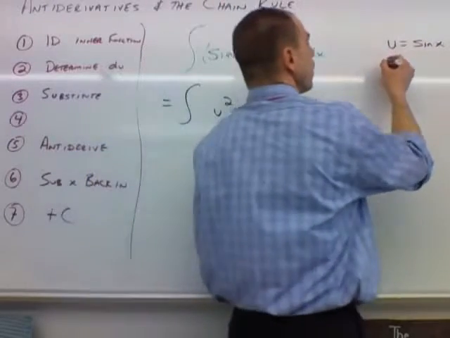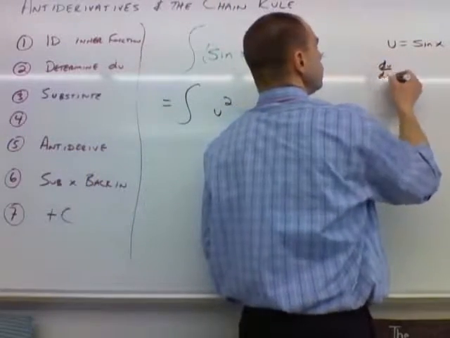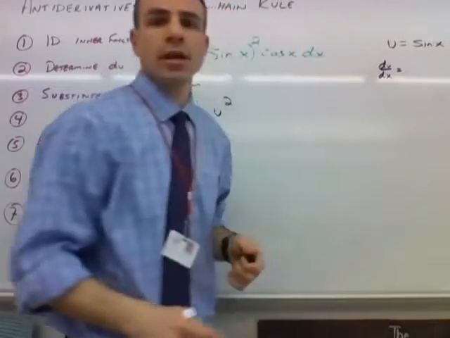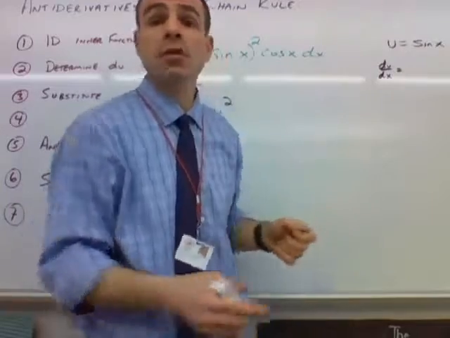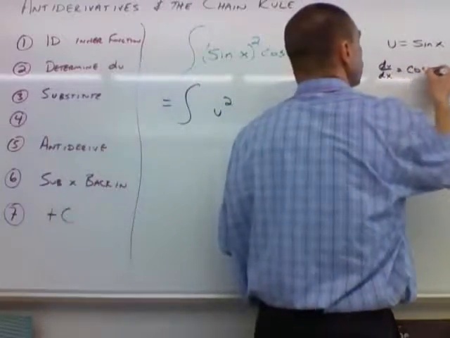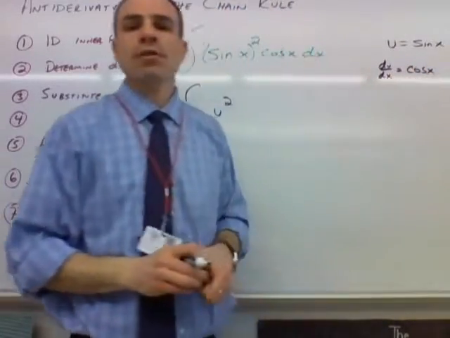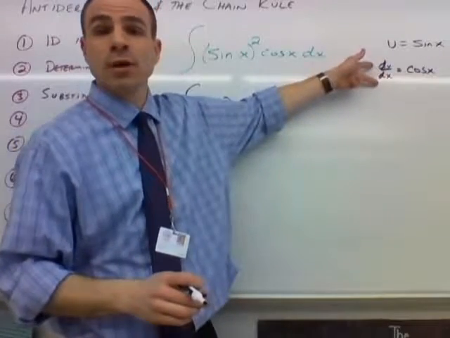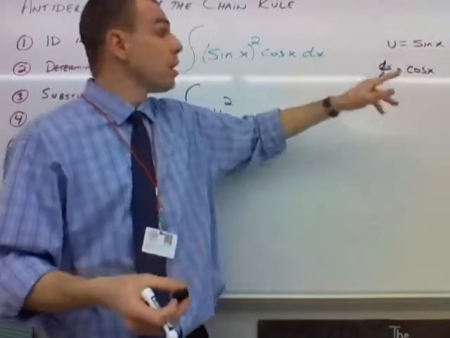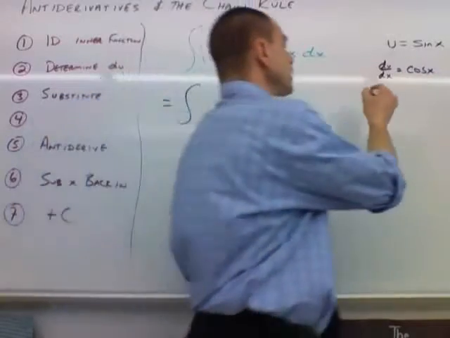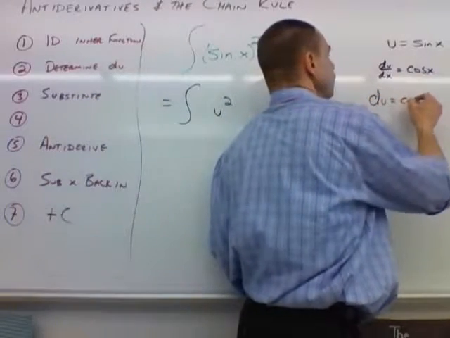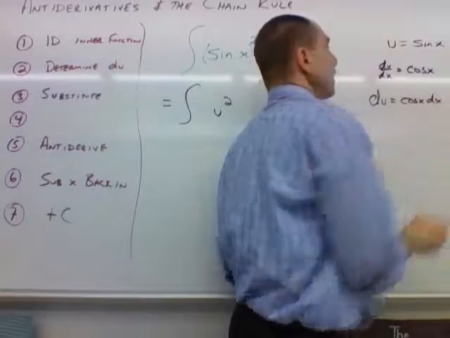When we do that, the derivative of u will be du dx. And what is the derivative of sine x? Yeah, it's cosine x. So we have cosine x right here. The problem is we still have u's and x's on the same side of the equation. So by multiplication, we're going to move this dx over to the other side. So du is equal to cosine x dx.